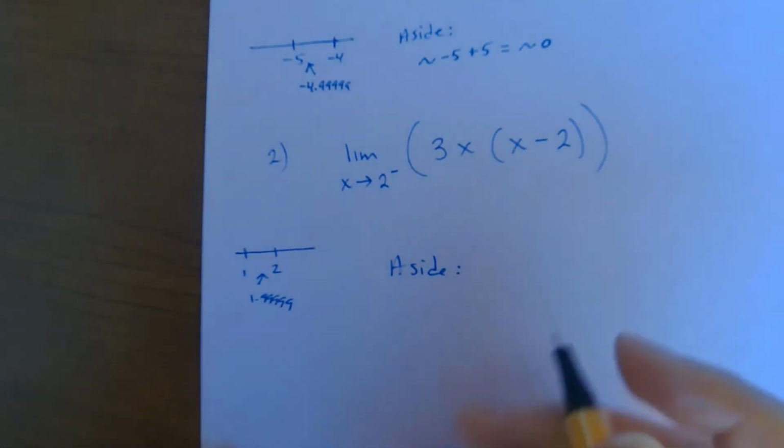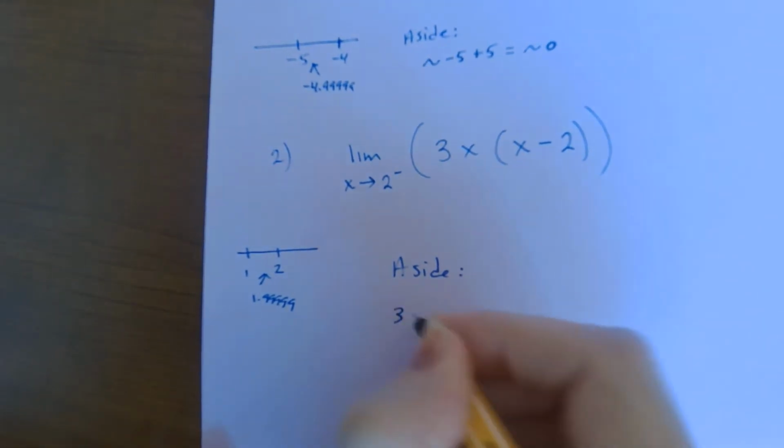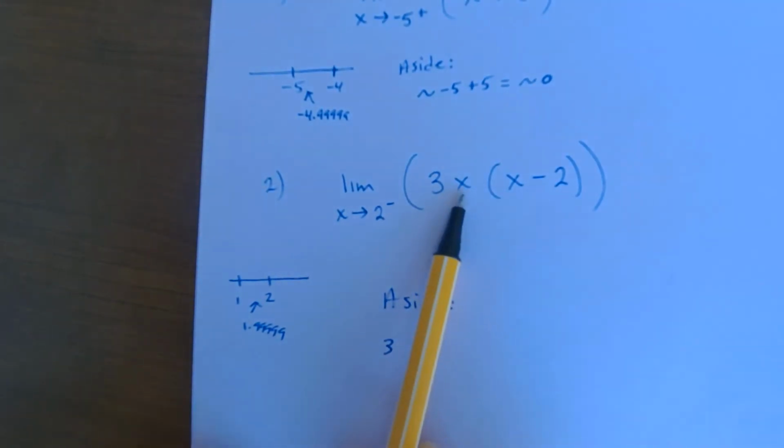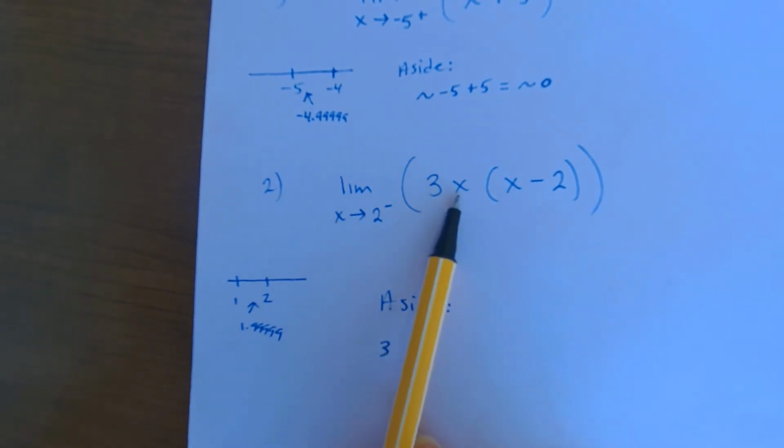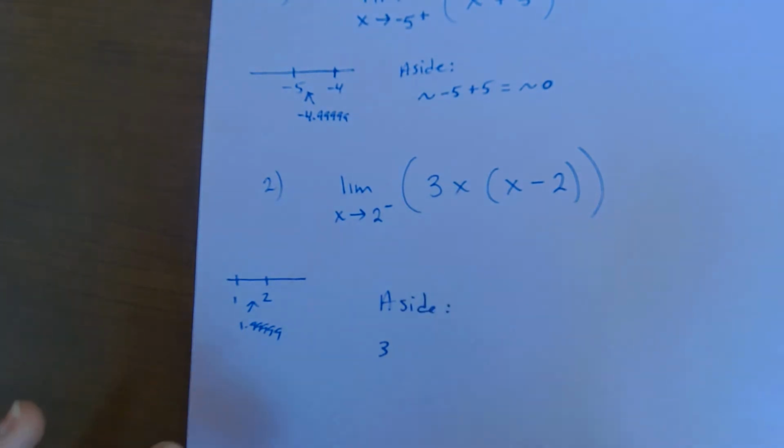So aside. I've got 3, and instead of this x, I'll think about 2. I'm approaching 2 from the left, so this x is going to be about 2 and then becoming even closer to 2 over time.